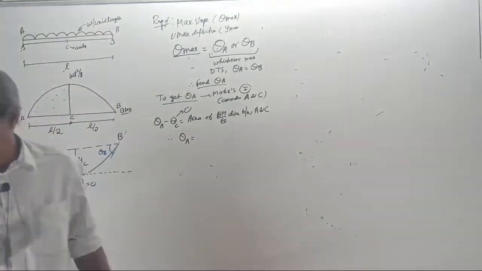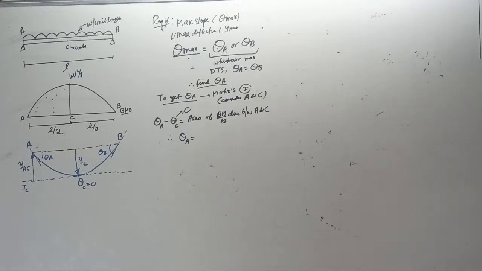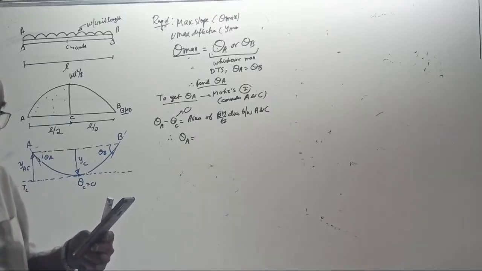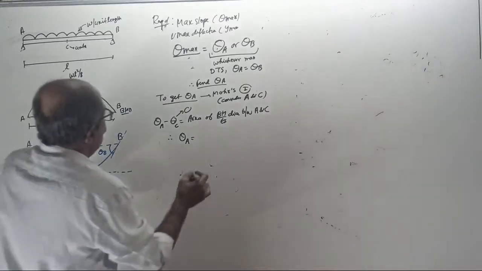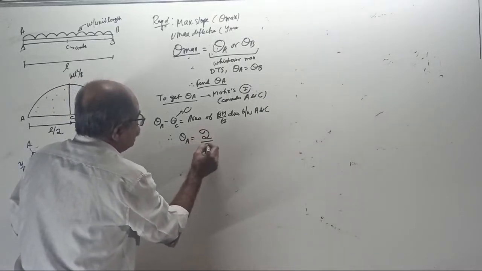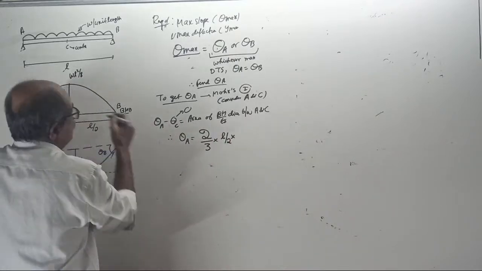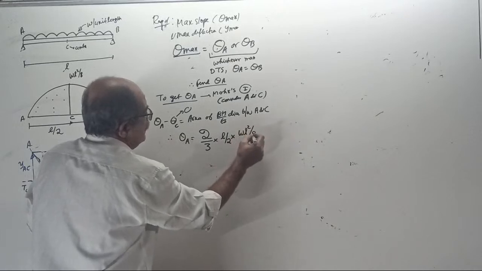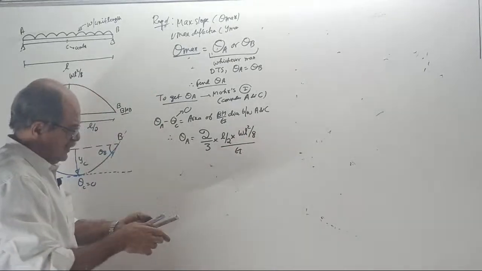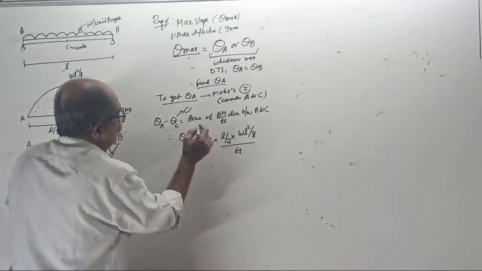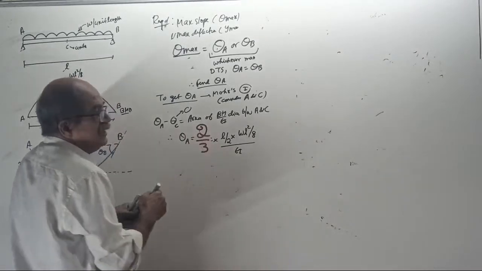For this way curve, tell the area formula number, provided it is from support up to center. Do not stop in between. The number is 2/3. It is 2/3 of base L/2 into height WL square by 8, divided by EI. The 2/3 is a number, you have to remember it now. 2/3 is the formula.